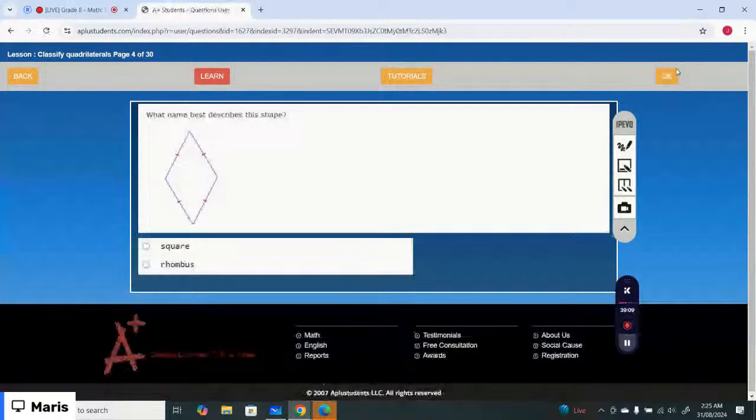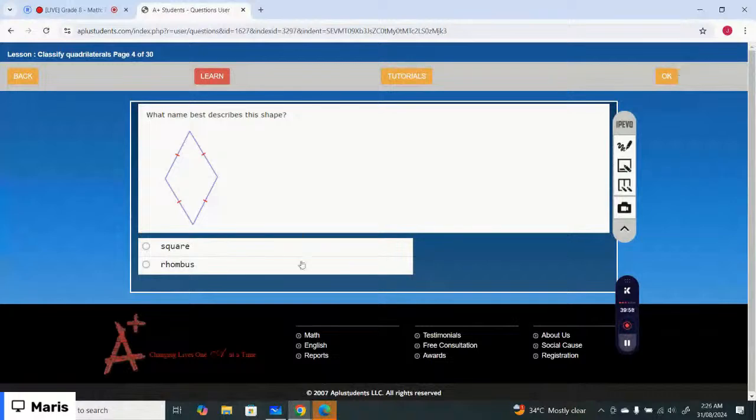What name best describes this shape? Which is the correct option? Rhombus.